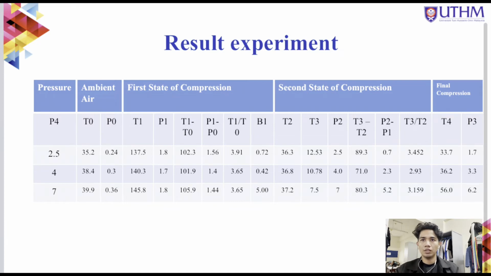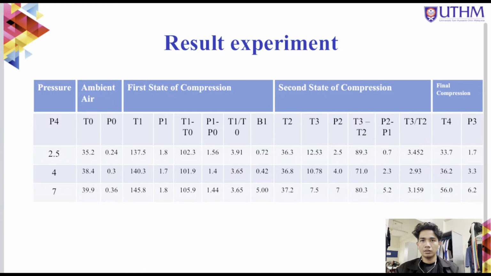For ambient air we have T0, P0. With the data, first stage compression, as we can see, we have T1, P1, T1 minus T0, P1 over P0, T1 per T0, and P1.